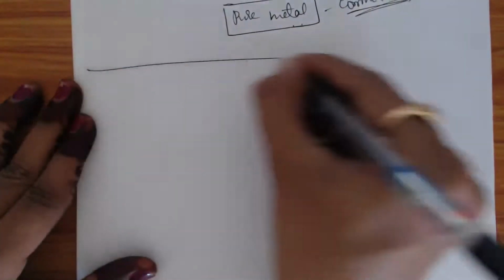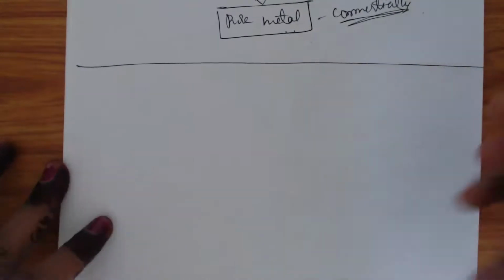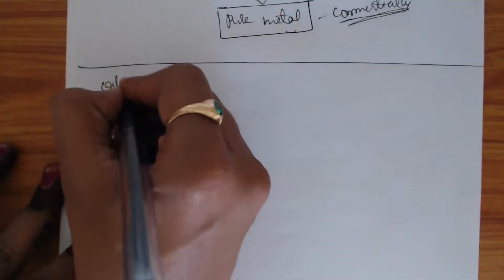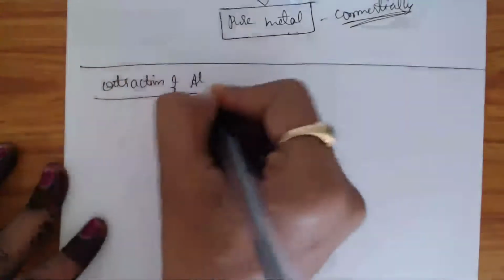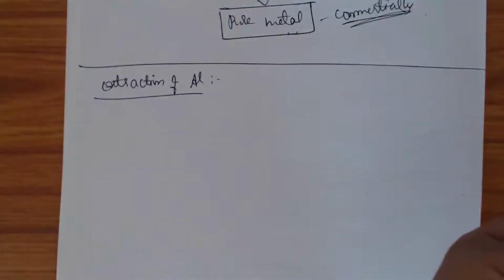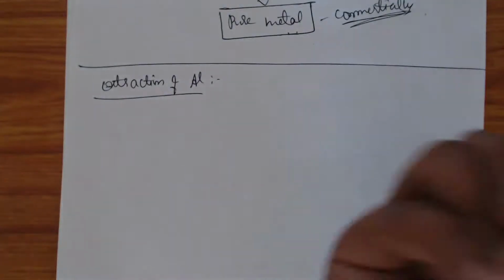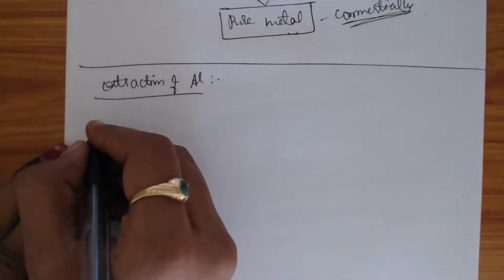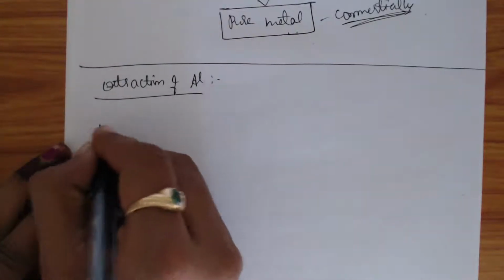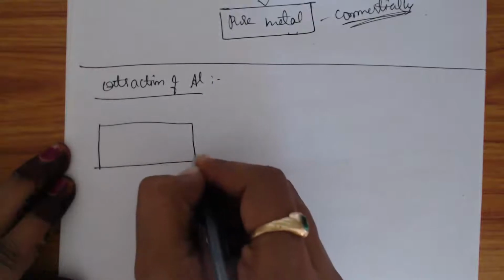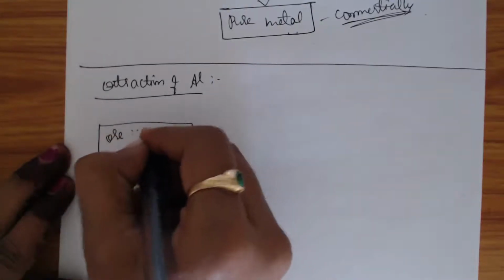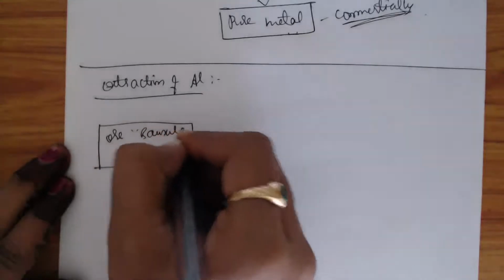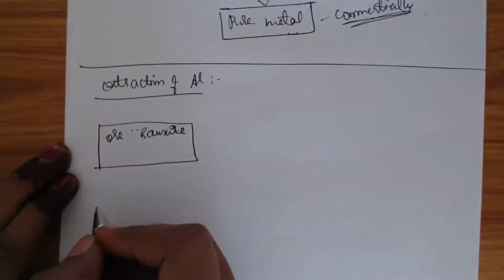I'll go one by one. That is, extraction of aluminium. The main ore for that is bauxite. What is the formula of bauxite?